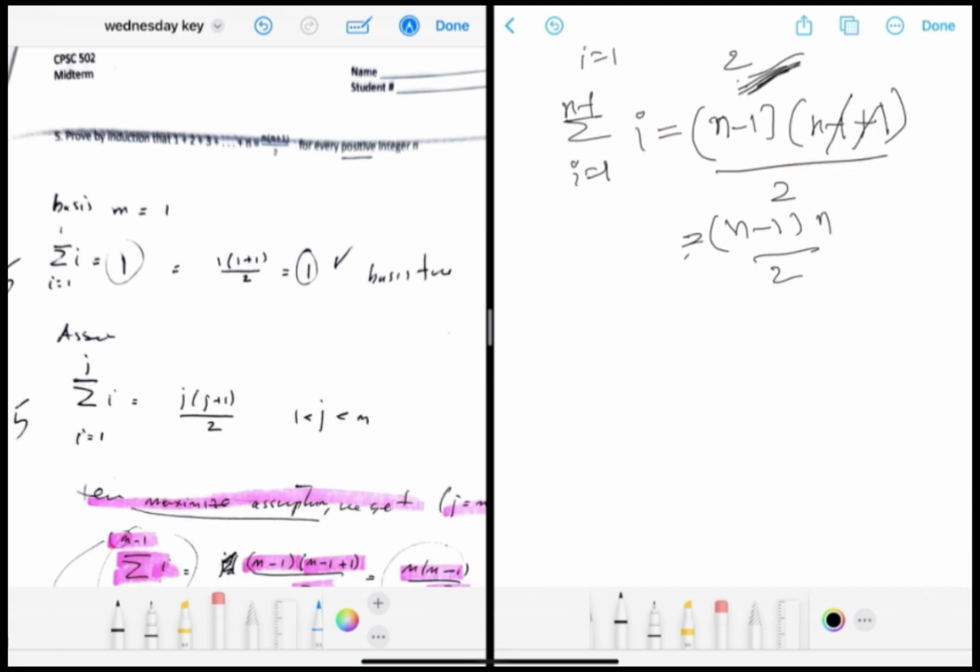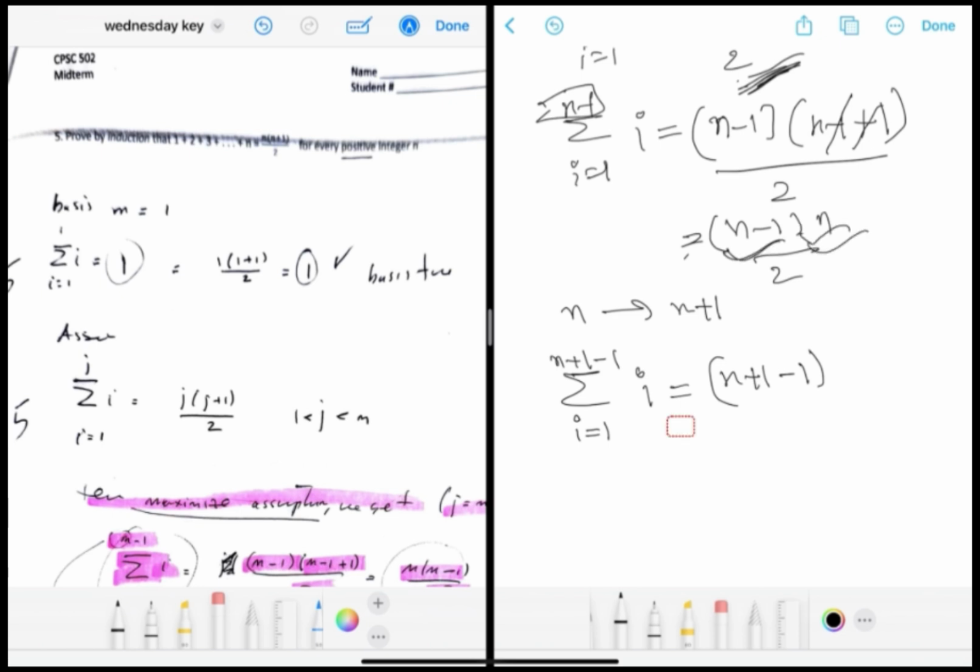Next we have to prove. In the process of proving, we'll just substitute n plus 1 in terms of n here. So n is going to be n plus 1. If we substitute that, the upper limit is n plus 1 minus 1, I equals 1, and I is equal to n plus 1 minus 1 times, here we are substituting n plus 1, and here also we are substituting n plus 1, n plus 1 by 2.